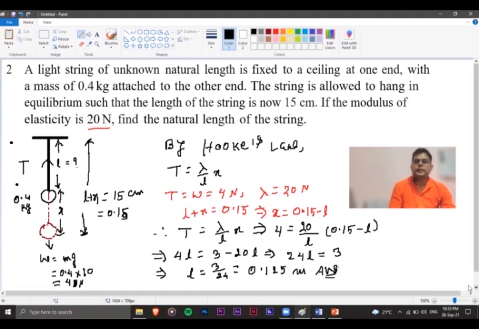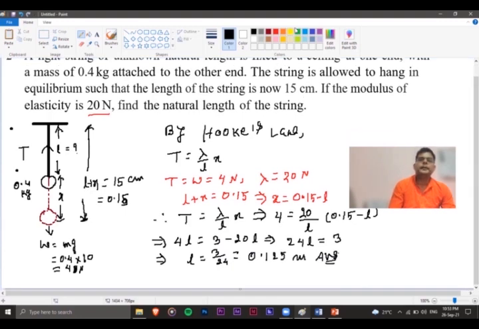And for example, it's not given here, but if you are asked to find the value of x, you have L plus x equals 0.15, and then x equals 0.15 minus the value of L, the original length. The value of L we have just now got, 0.125.